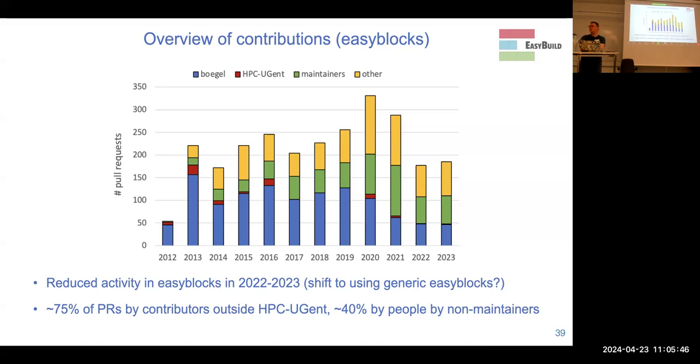So the projects themselves have actually enabled us to switch to generic EasyBlocks, and as a result of that, we're removing some EasyBlocks as well in EasyBuild 5 because there's really no need for them anymore. Either the software is not relevant anymore, or the EasyConfig has been switched to generic EasyBlocks. So that's definitely a help.